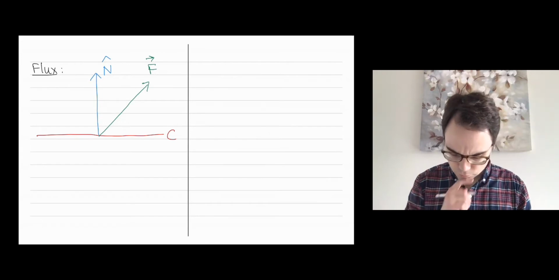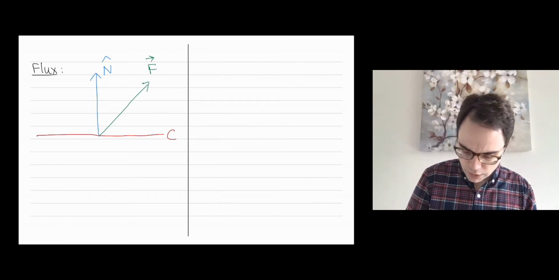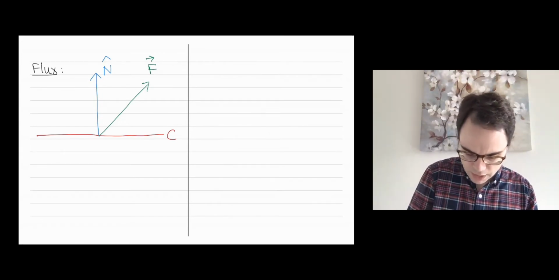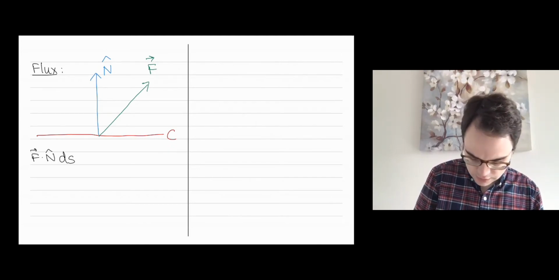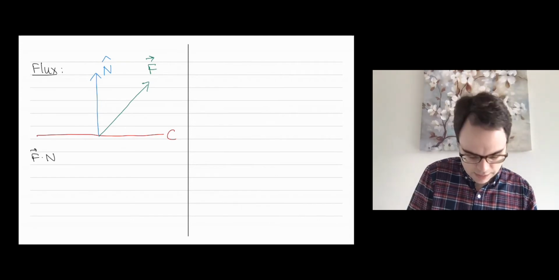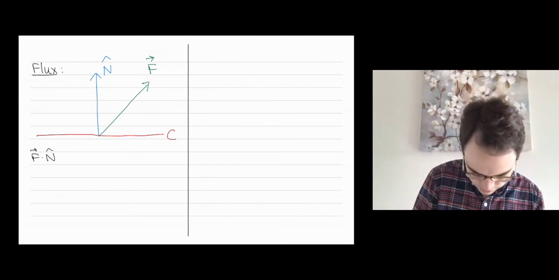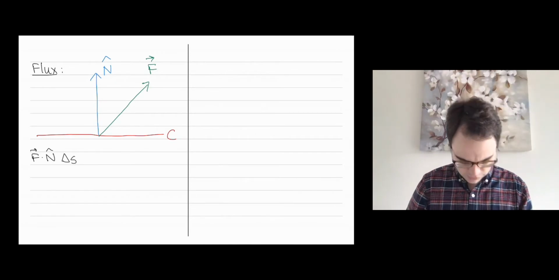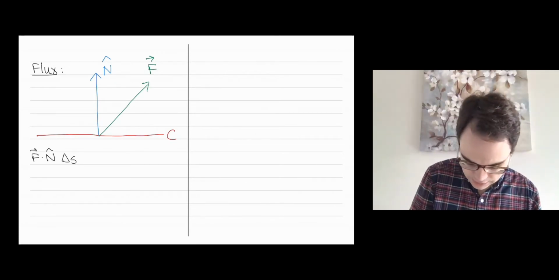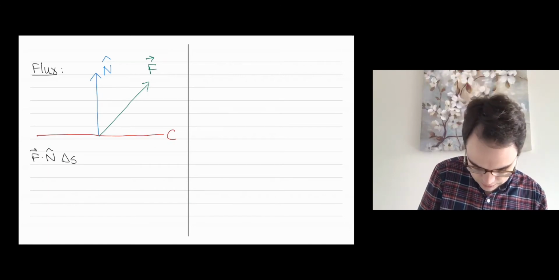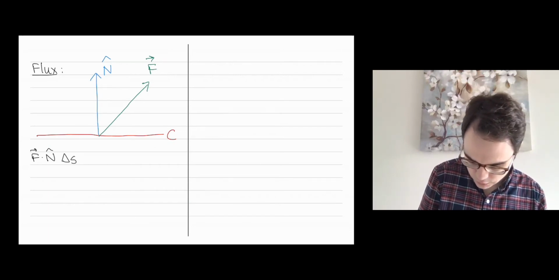Okay. So the thing we're integrating is F dot n times ds. Here I'm going to replace ds by delta s, a small piece but not quite infinitesimal piece of the curve. So delta s is going to be this over here.